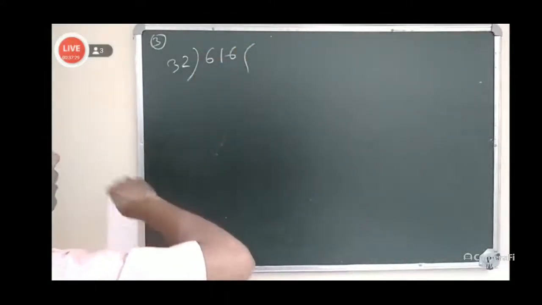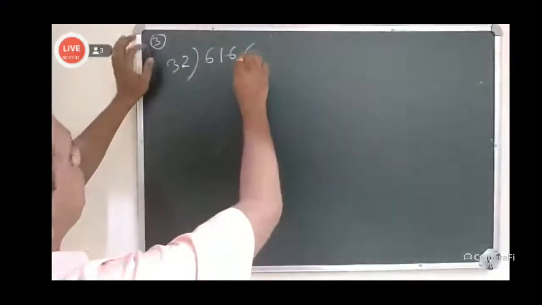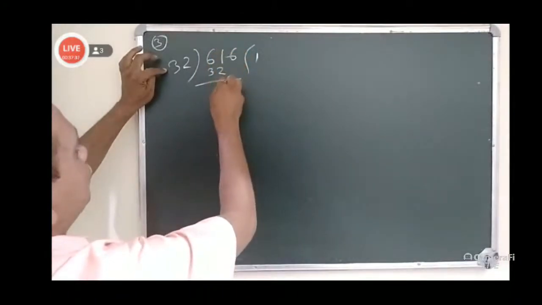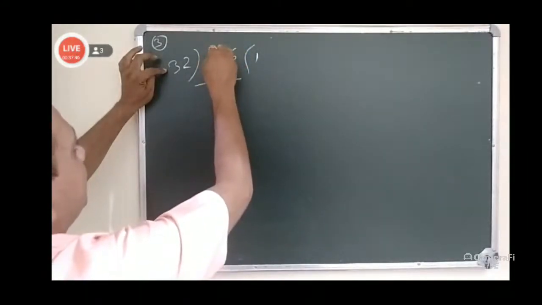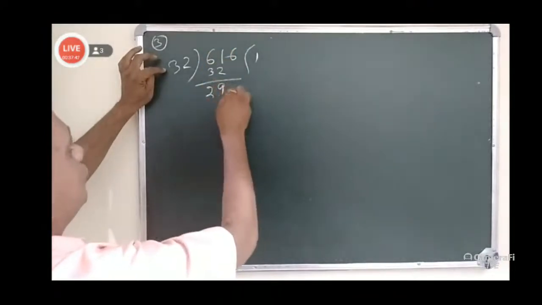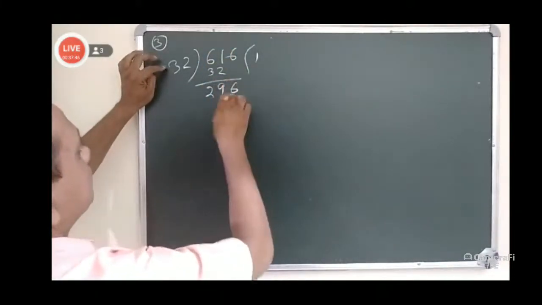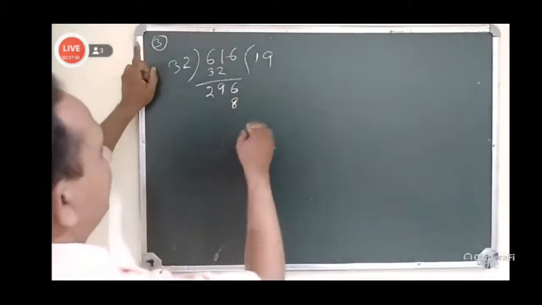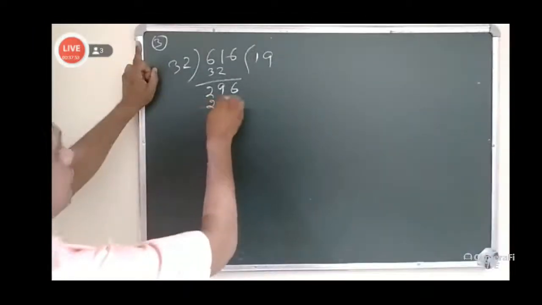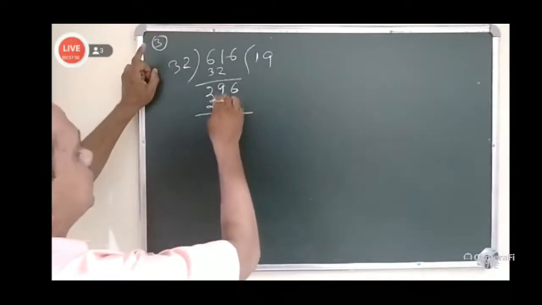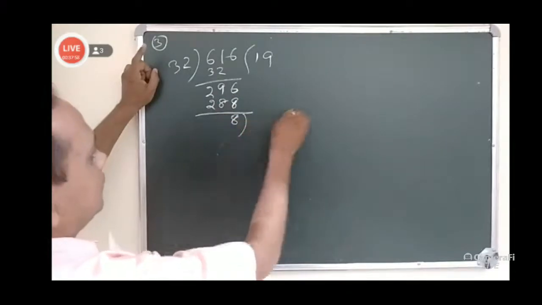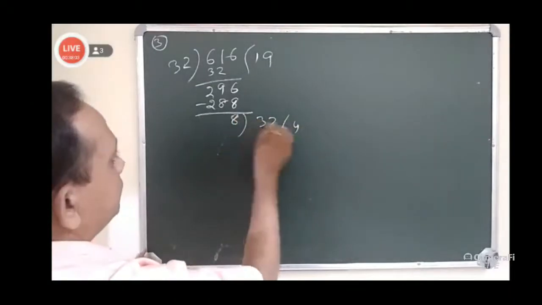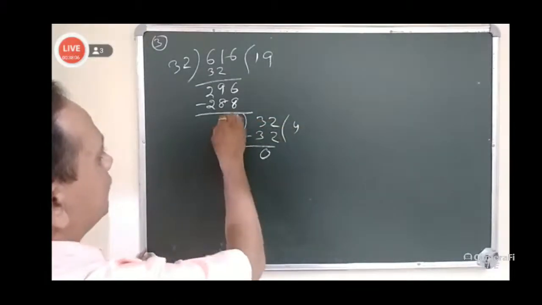Dividing, when the remainder is not 0 we continue; 32 divided by 8 gives 4 with remainder 0. So 8 will be the HCF.